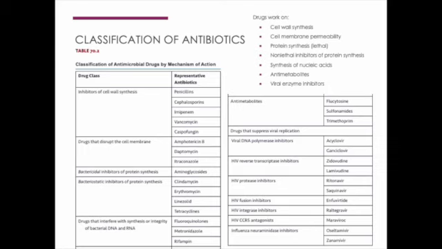Without the folic acid, this bacteria cannot live. But because our cells do not need to make their own folic acid, we can get it from food and our diet. We are not affected by selective toxicity here, or sulfonamide toxicity to be specific.